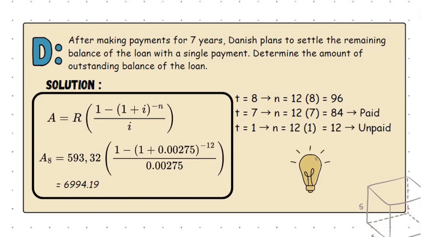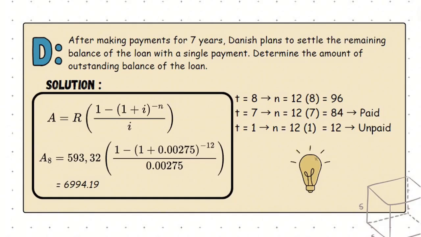The formula that we are going to use in this question is A equals R bracket 1 minus (1 plus I) to the power of negative n, over I. To find n, we must multiply 12 with 1, because 1 is equal to the last year that he has not paid.